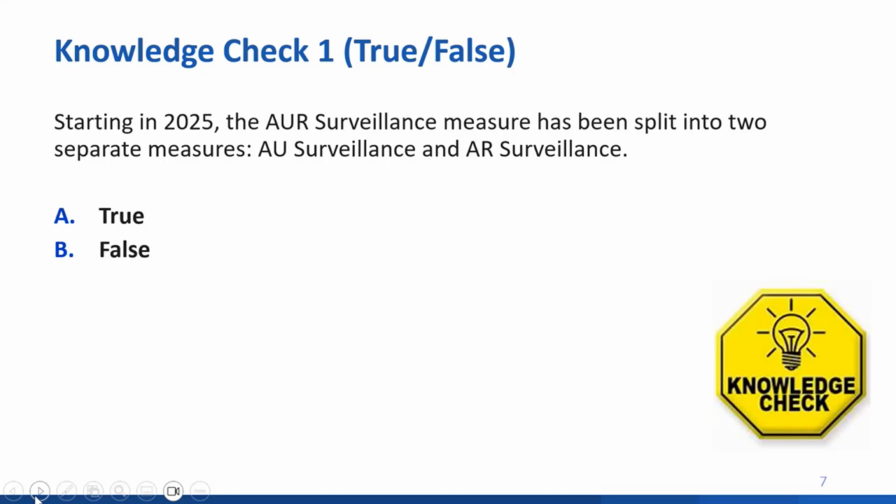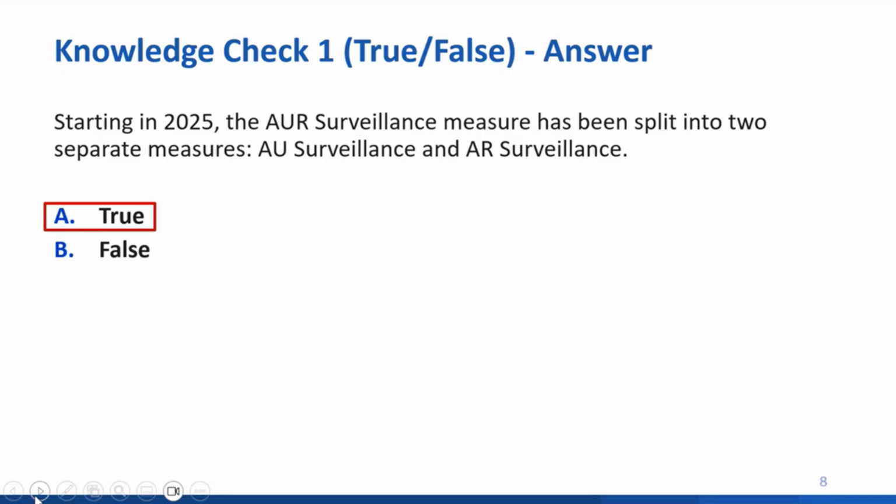Give you guys a few seconds to think, and then we'll advance to the next slide. And if you answer true, you are correct. As stated previously, CMS split the AUR surveillance measure into two separate measures.